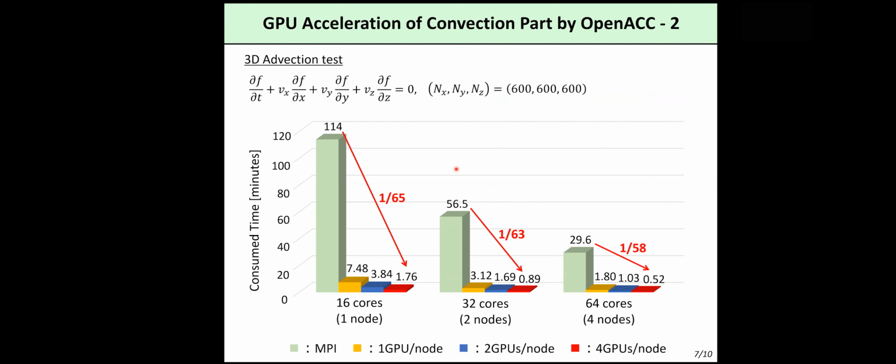To check the efficiency of such a CPU plus multi-GPU parallelization, first we tested a simple 3D linear advection simulation, which is a simple example of hyperbolic type partial differential equations, as a benchmark. This figure shows the consumed time when we use only MPI, and MPI plus 1 GPU per node, plus 2 GPUs per node, and plus 4 GPUs per node.